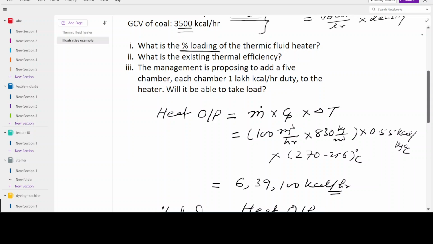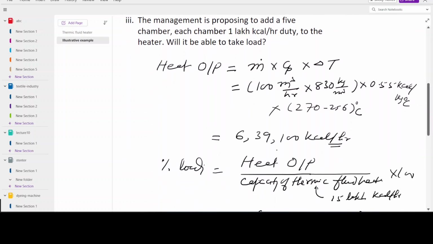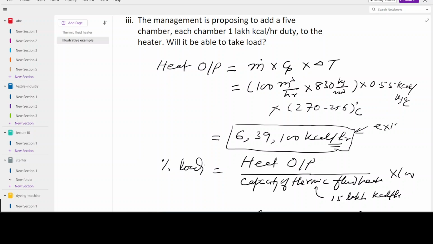The third part of the question says the management is proposing to add 5 chambers, each chamber of 1 lakh kilocalorie per hour duty, to the heater. Will it be able to take the load? The existing load is this much, 6,39,000. This is the existing heat load.